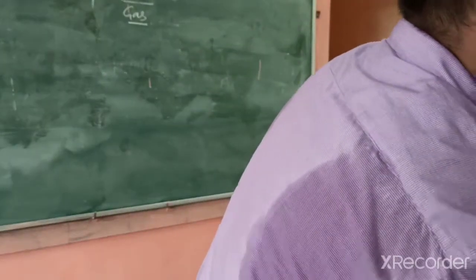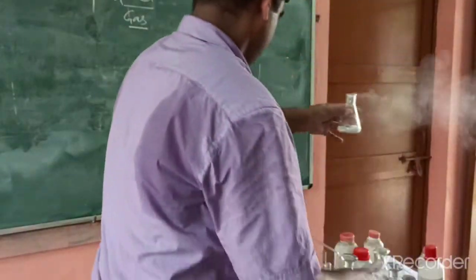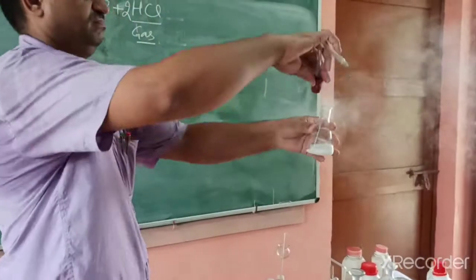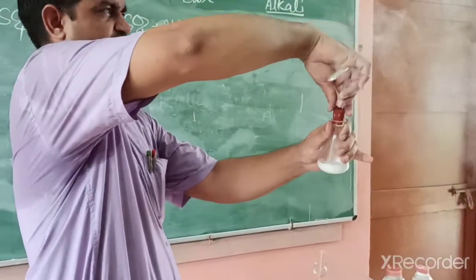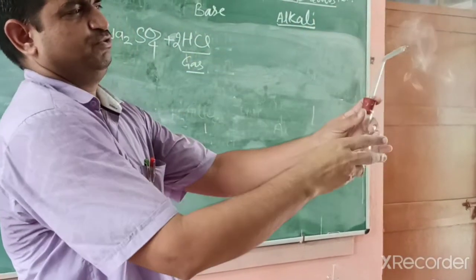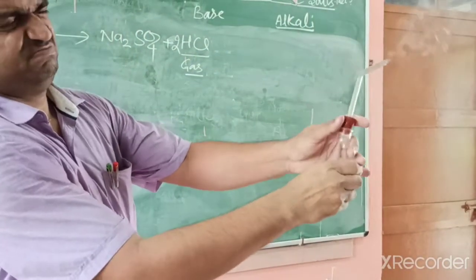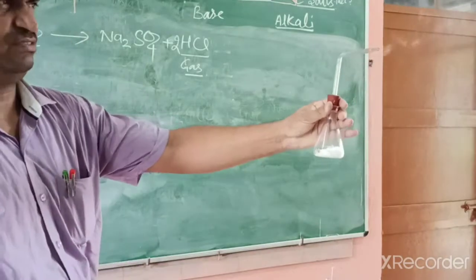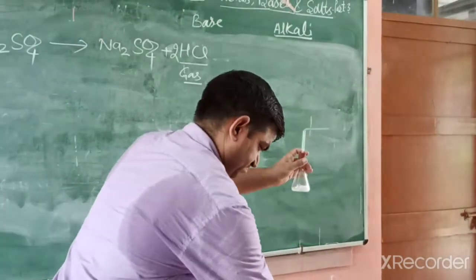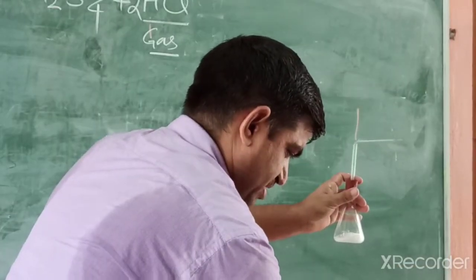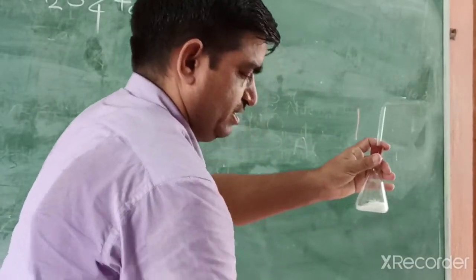The gas is released. A lot of fumes are released. These fumes are hydrochloric acid. But how can we confirm its acidic nature?